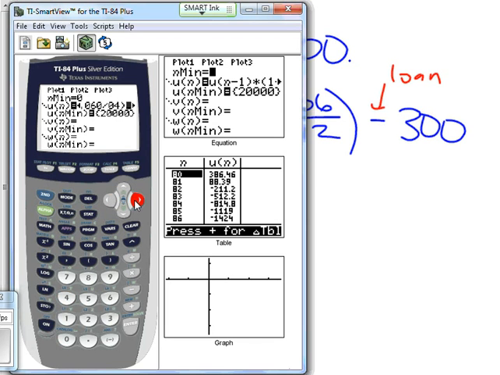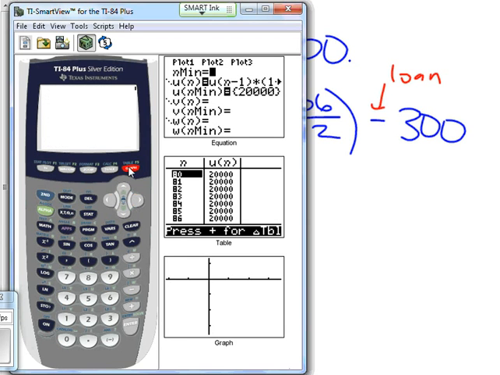All right, so now if I go to my table, if I just change it to quarterly payments, then it's going to be a certain number of quarterly payments. Oh, I did something wrong. Sorry.